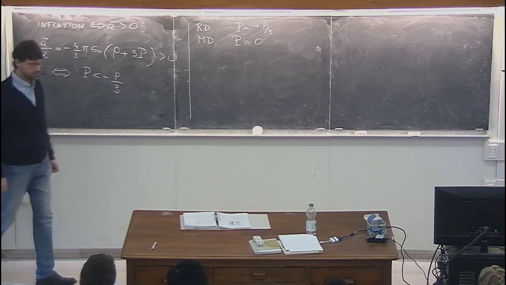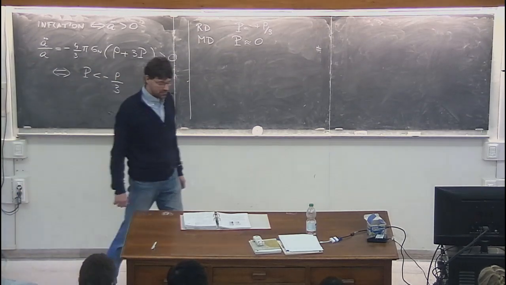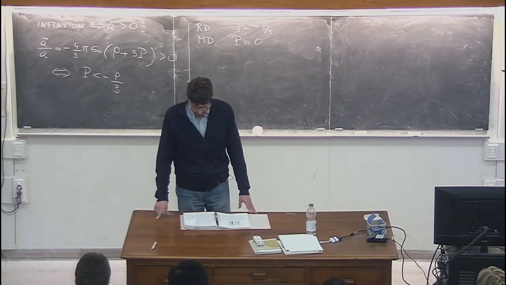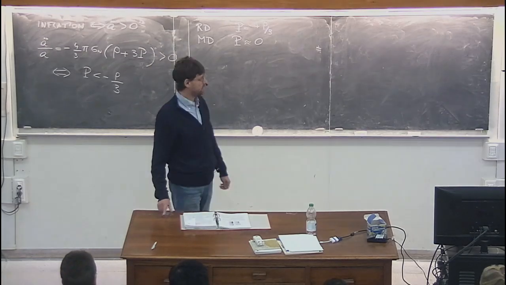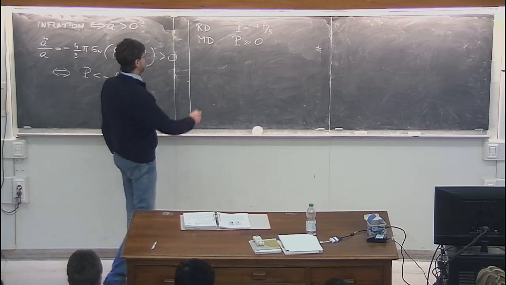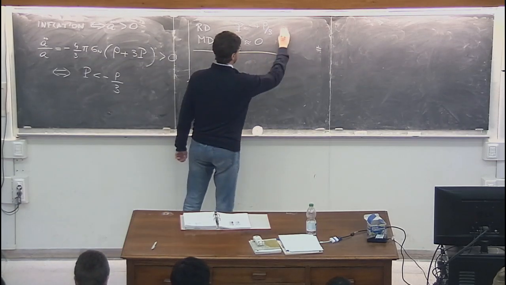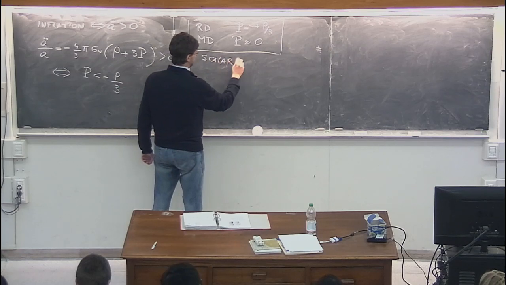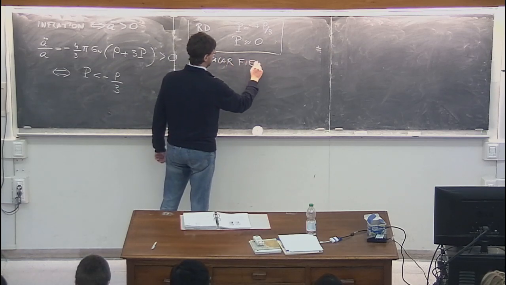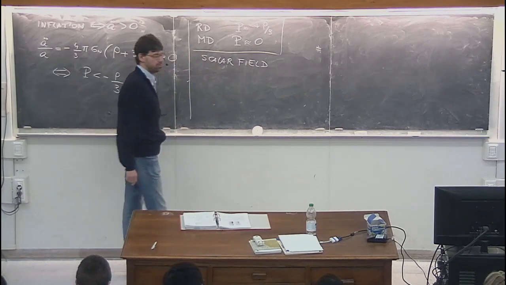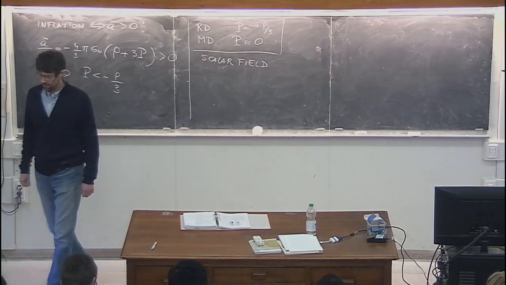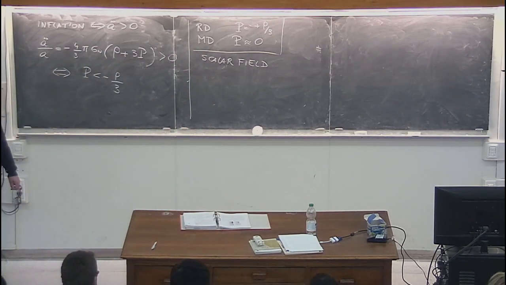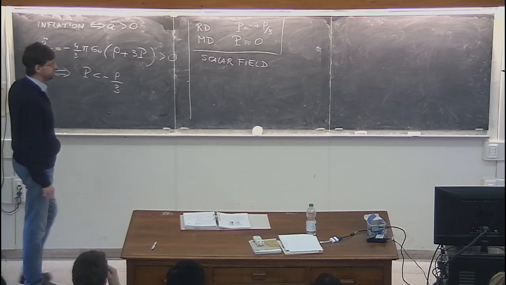Okay? Now, the simplest one we will focus on is assuming that there is a scalar field. Okay, and we want to understand which are the conditions on this scalar field in order to have it driving inflation.